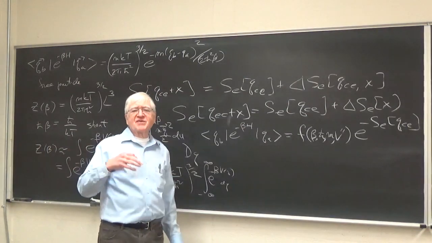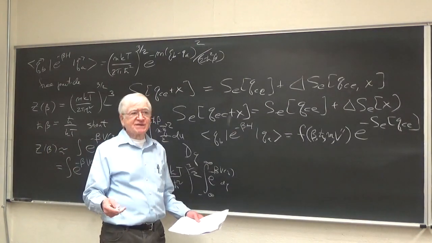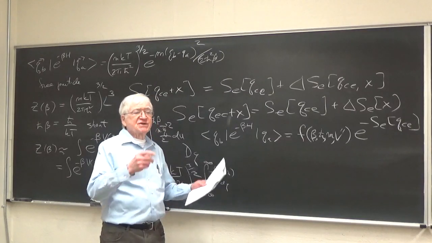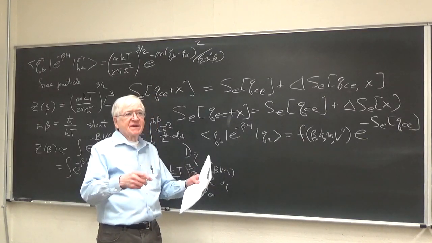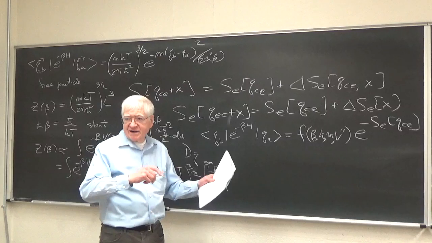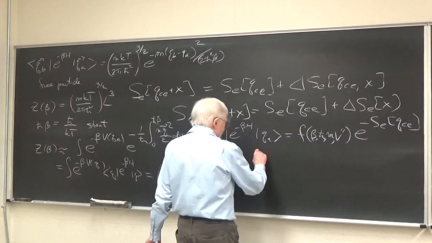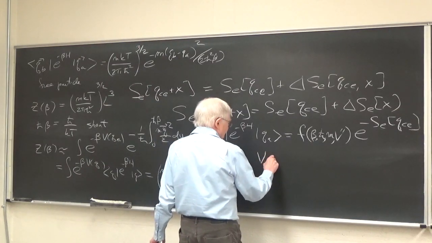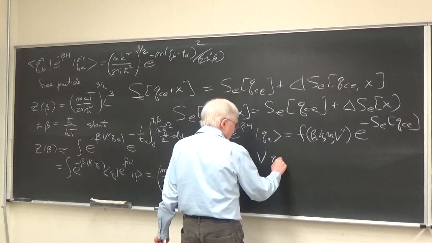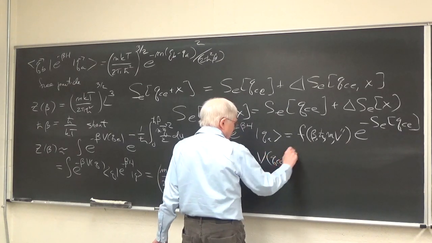If I do it for the derivatives, it's sort of complicated because it's q classical plus x derivative squared. It's a little more complicated, but let's just look at V of q. V of q would be q classical plus x.